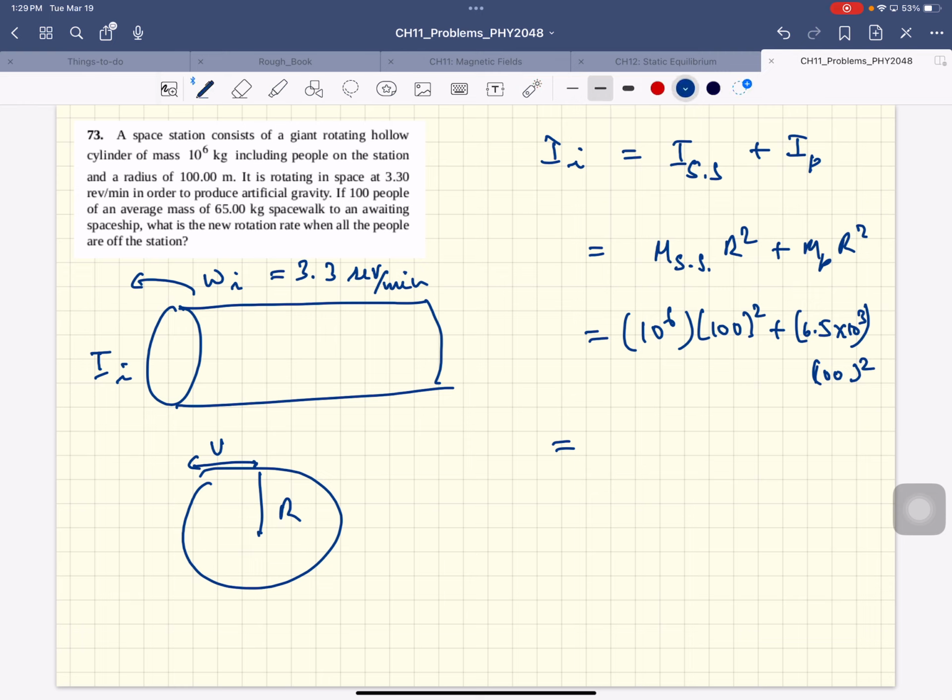So 1.0065 times 10 to the 10. That's the contribution of the space station, and that's the contribution of the people.